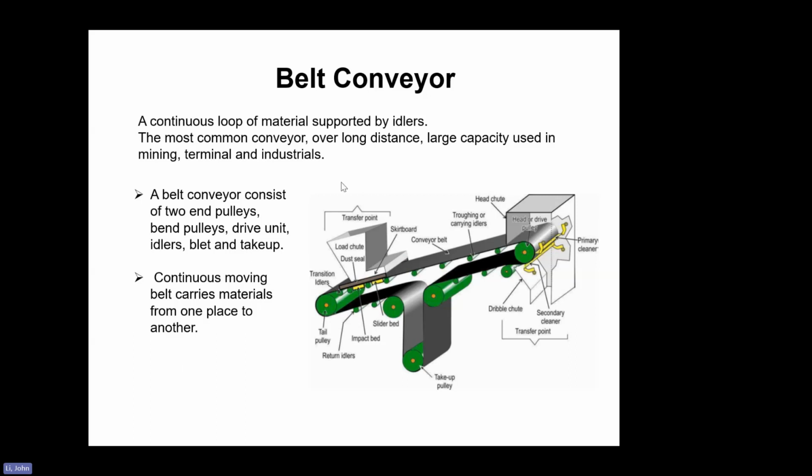You can see a picture here. It consists of the belt, idlers supporting the belt, take-up to keep belt tension, head pulley, tail pulley, bend pulley, and also the drive system. So these are the main parts of a belt conveyor.